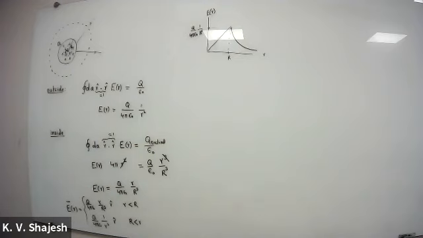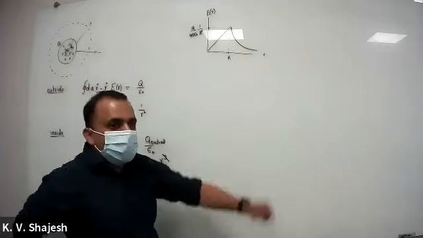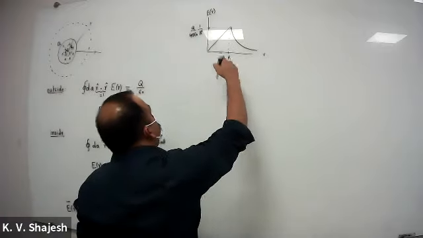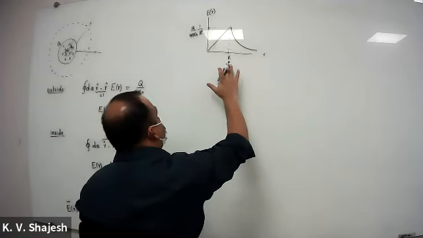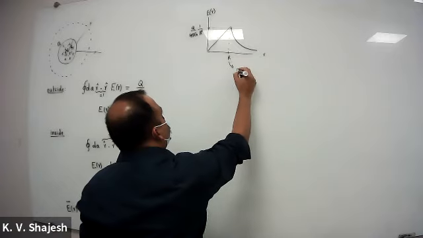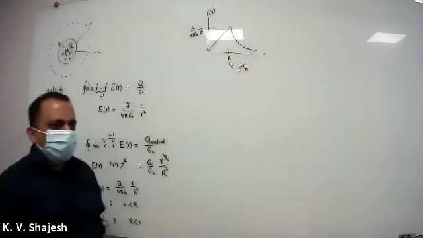Is that very clear? That is how the electric field for a proton is. Now this size, at least until 1910, was expected to be 10 raised to minus 10 meters. Okay, so what would happen?